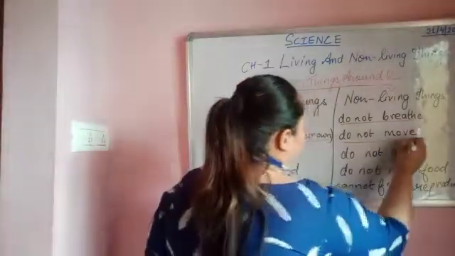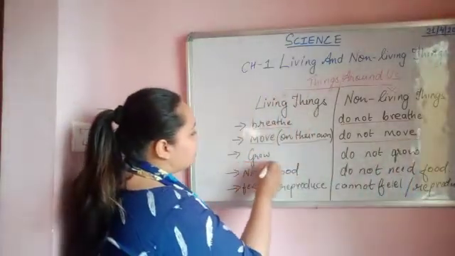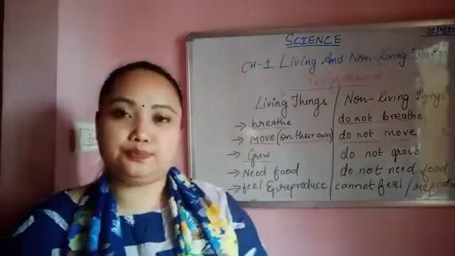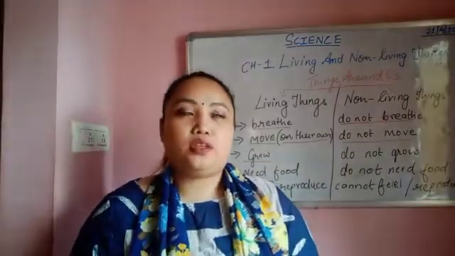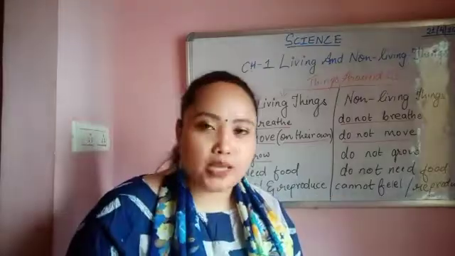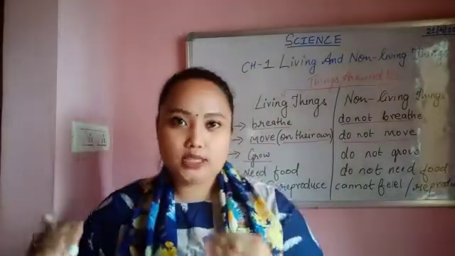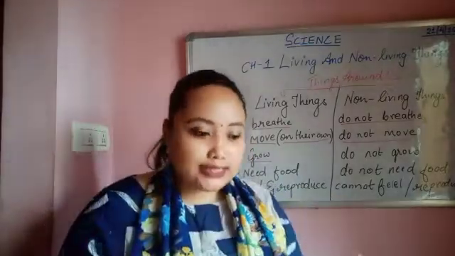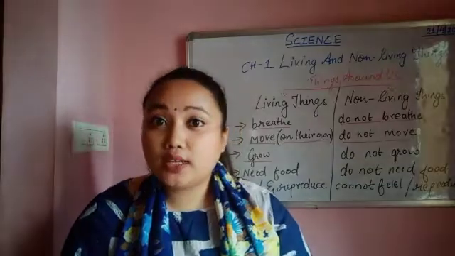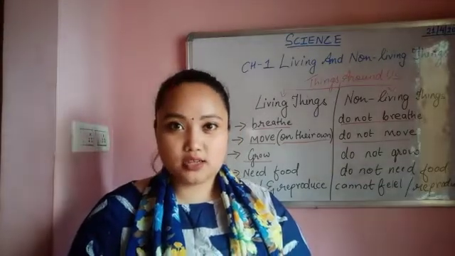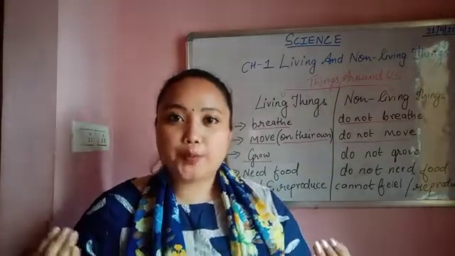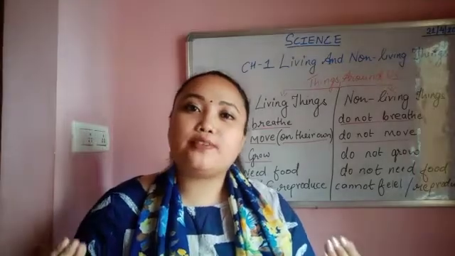Then the third one, we come to: living things can grow. What does that mean? Like a small baby grows into an adult, a small seed grows into a plant or a flower. How? Because these are all living things.